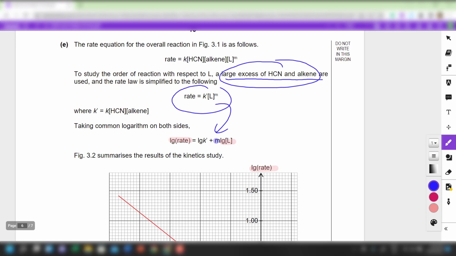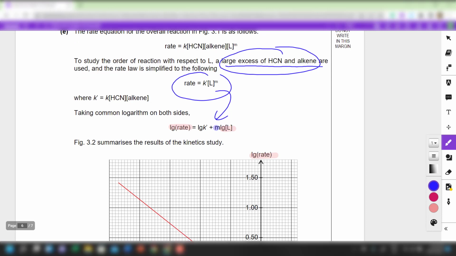Maybe when all the L is consumed, or all the reactants are consumed, the concentration of HCN and alkene did not change appreciably. So the main idea here is to focus on the fact that there is excess HCN and alkene, and their concentration does not change appreciably in the course of the reaction.